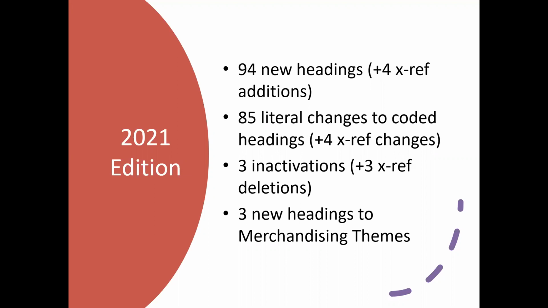We inactivated 3 codes and deleted 3 cross-references. And we added 3 new headings to the merchandising themes. For those of you who are unfamiliar with the merchandising themes, I'll mention them again towards the end of this presentation.